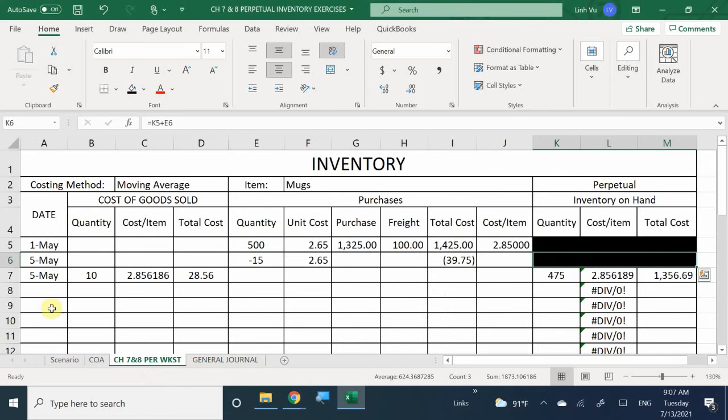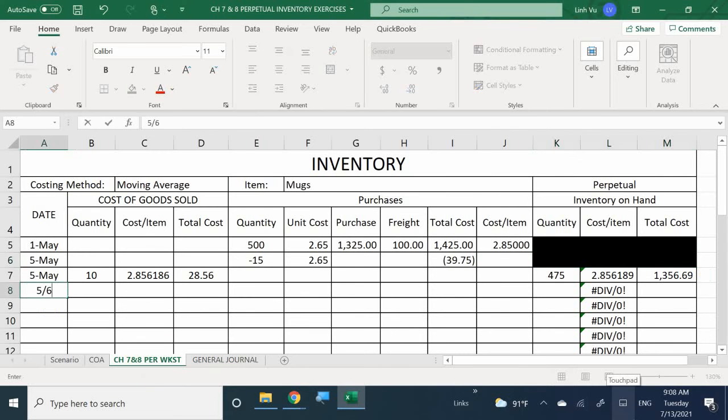It is now May 6th, and this time we sold 20 mugs. At what cost per item is each mug? Was it $10? No, that's my selling price.